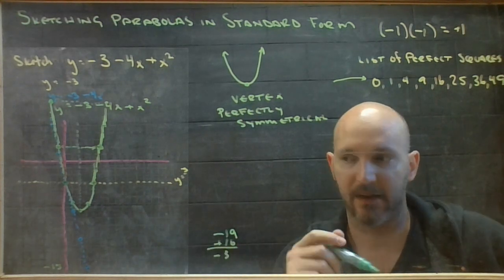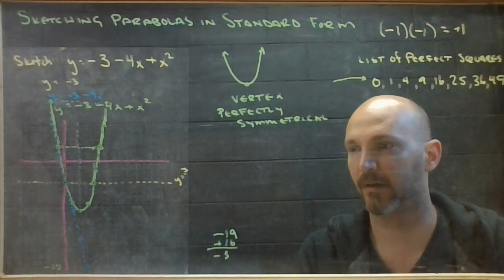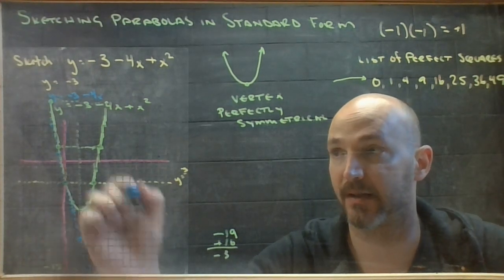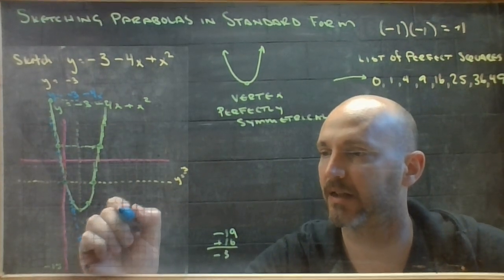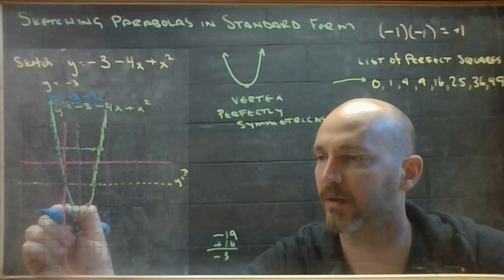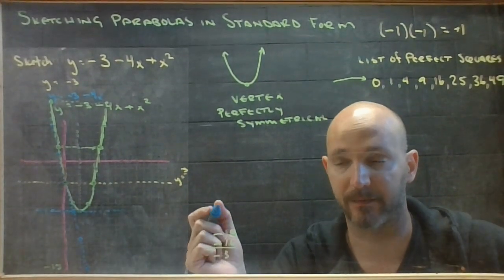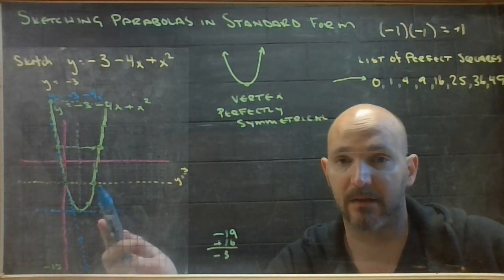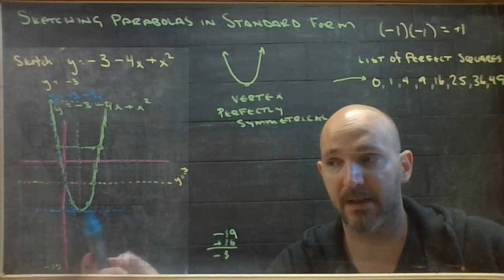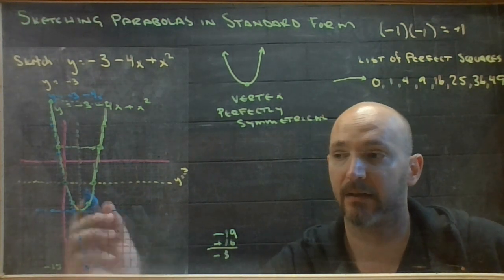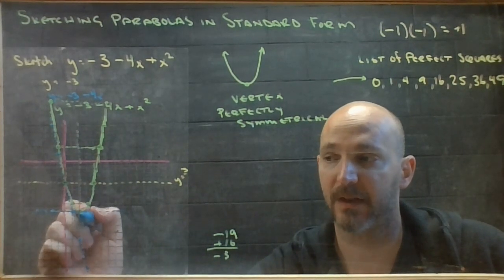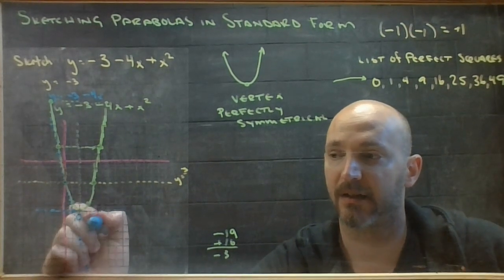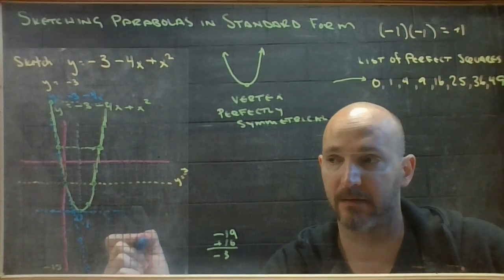Now, something else I would like to point out to you. I'm going to go to the vertex of this parabola, and I'm just going to draw a line like this. So it looks like the parabola is resting on the ground. Just because I'm going to count up from this line to the parabola and see what I get. So the vertex, for example, is 0 squares above that line. This dot is 1 square above that line.